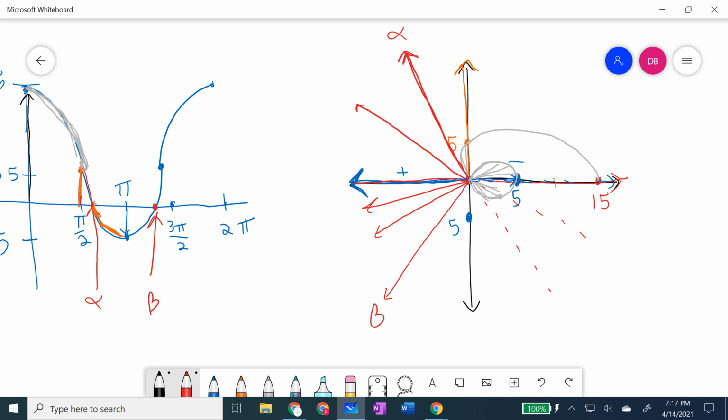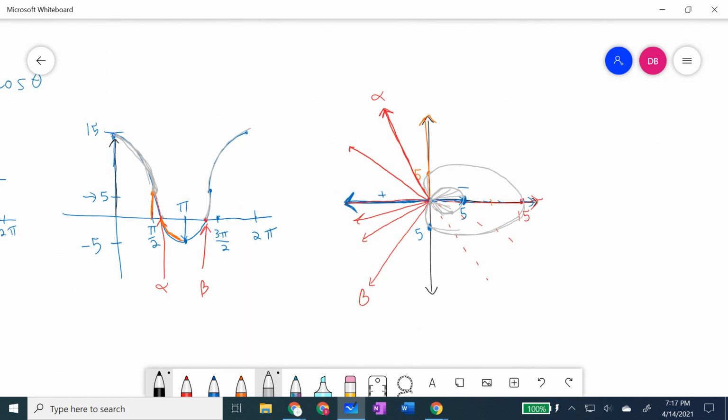Then it pops back up with a positive R, and I know the values because I can plot them. So if you play around with seeing how a Cartesian graph matches up with a polar graph, you can use the language you already know.